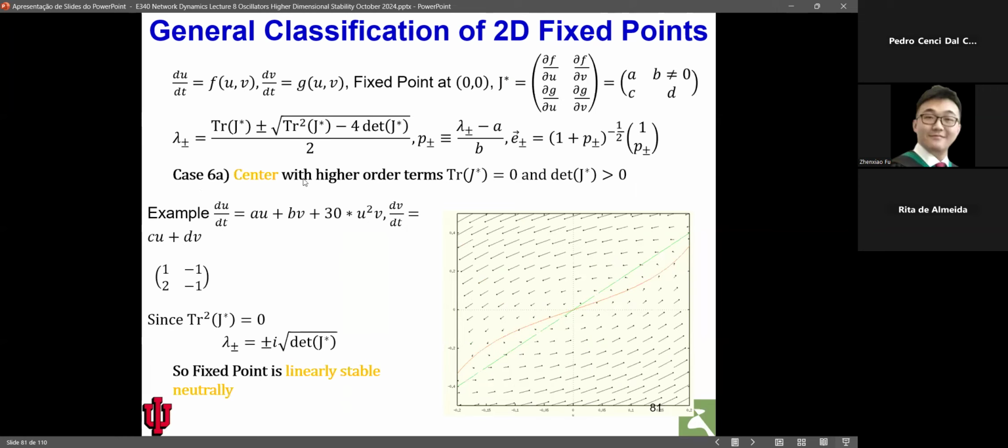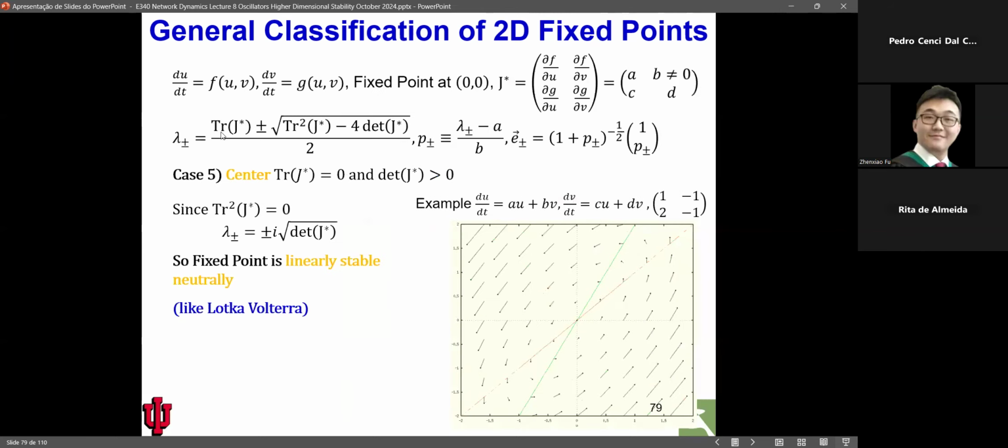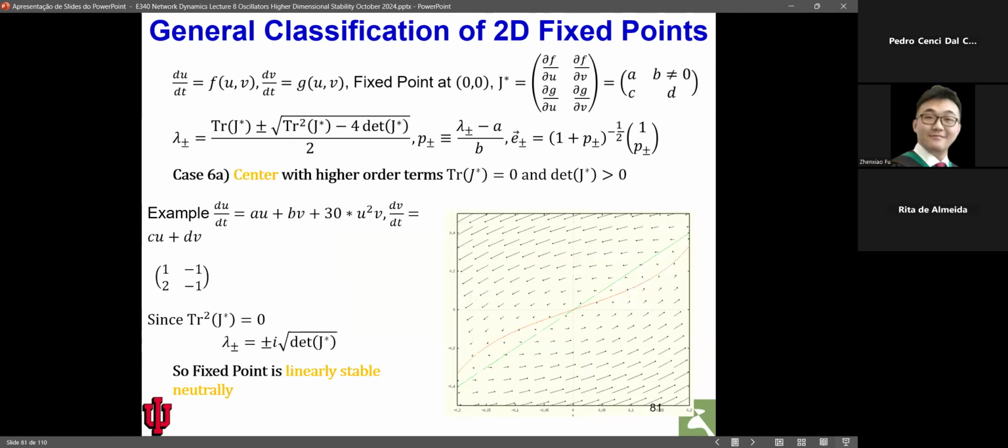The case is you have a center with higher order terms of the trace of J. Now what I mean is, here the trace is 0 the way we calculated it, and we have only these first order terms in U. But you can calculate with more orders, because if it is 0 in first order, I have to look at the higher order terms.